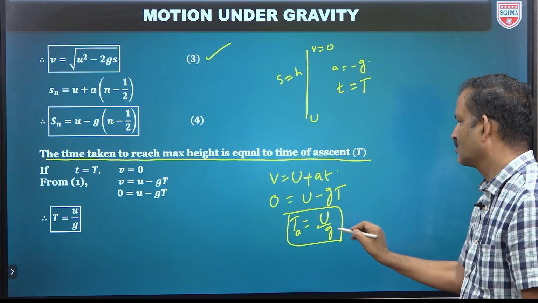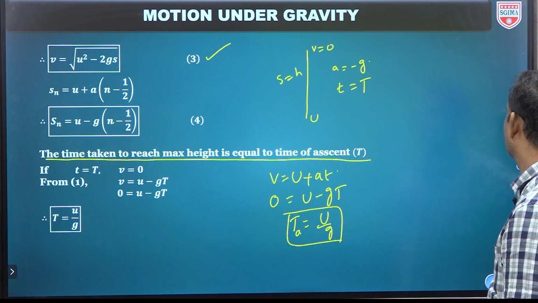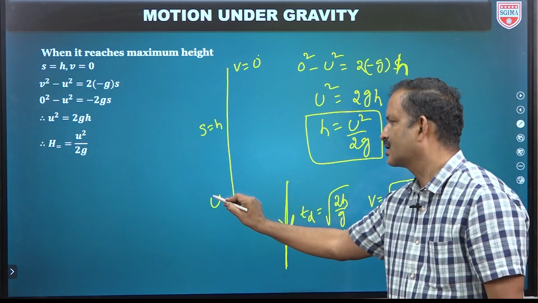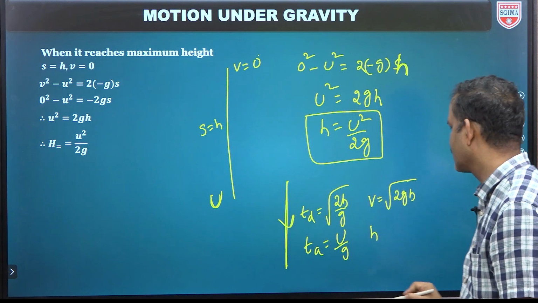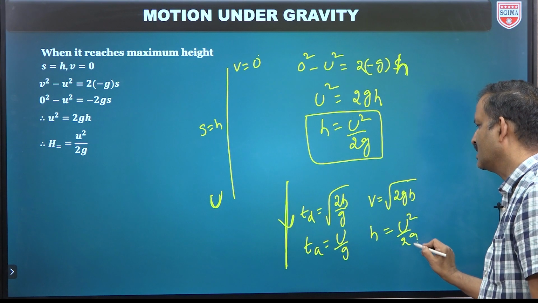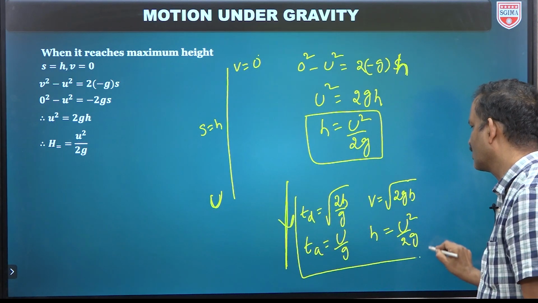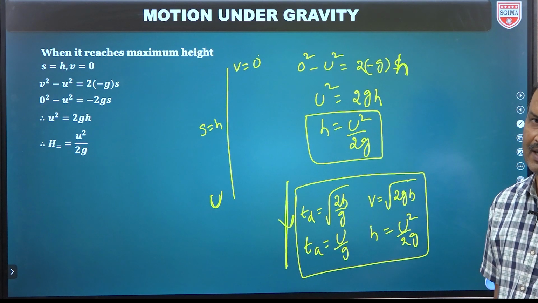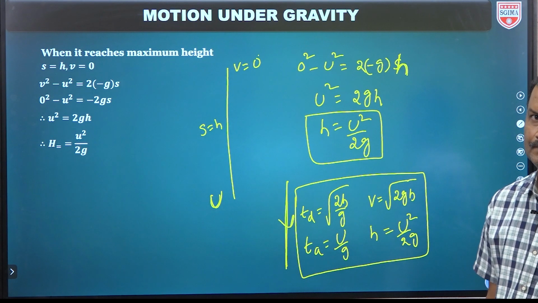Time of ascent is equal to u by g, and maximum height h, when it is projected with u velocity, maximum height reached by it, h is equal to u square by 2g. These are the important formulae you have to remember in case of freely falling body and vertically projected bodies.